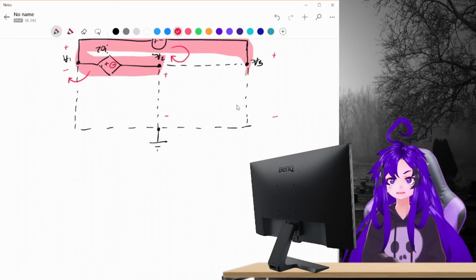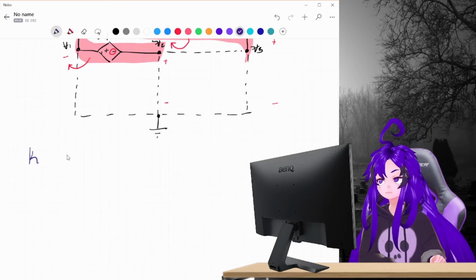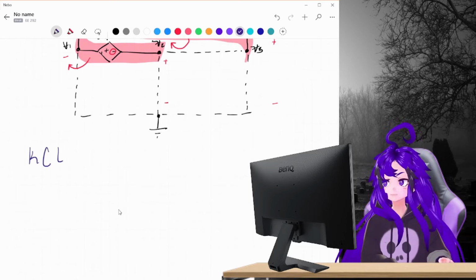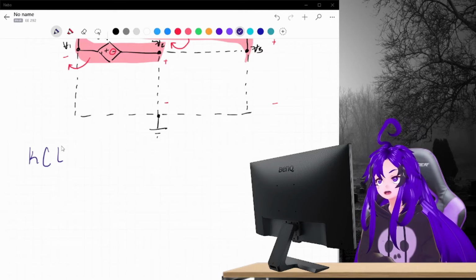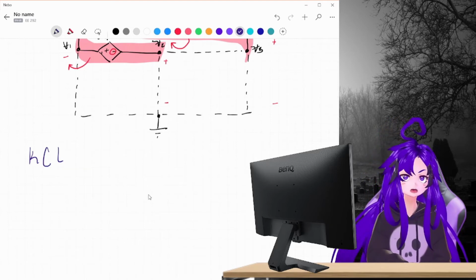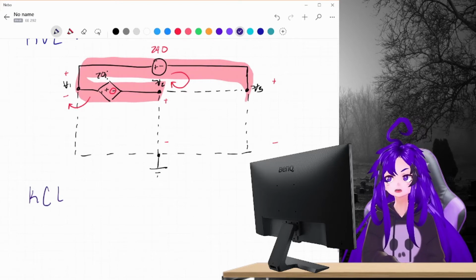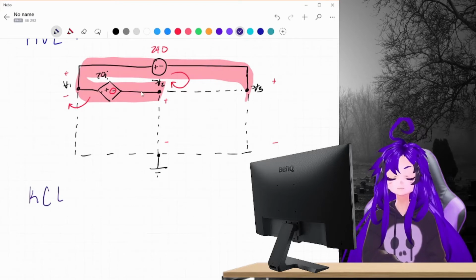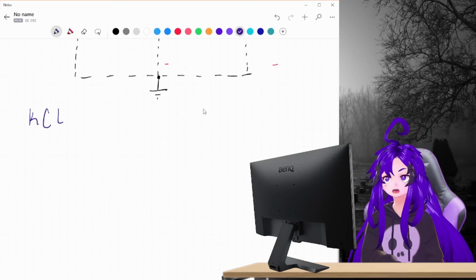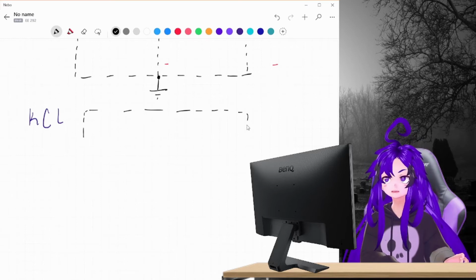Now what we're going to do is apply Kirchhoff's current law. And so now we're going to draw the circuit just a little bit differently. We are now going to ignore the supernode. So now we've got nothing special happening up here, nothing here.